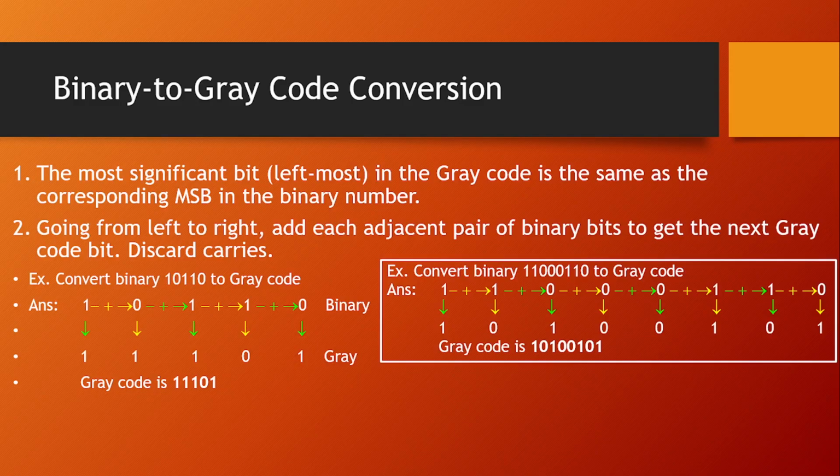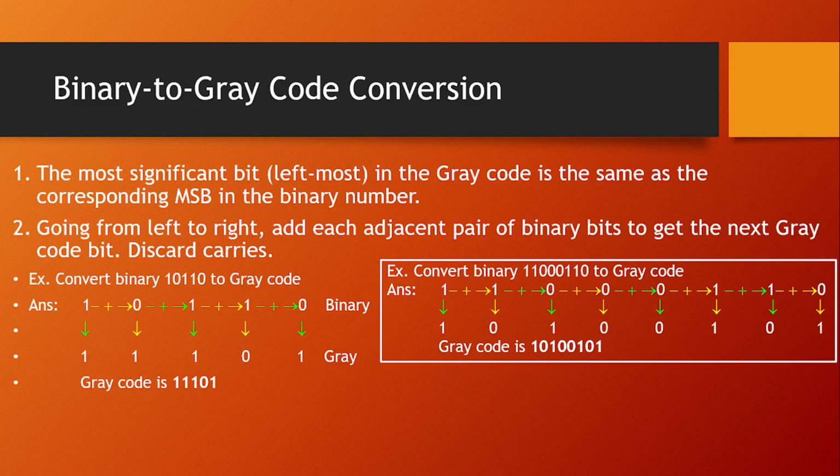Now, how will you convert a gray code to binary? Again, start from the leftmost bit. The leftmost binary bit is the same as the gray code, so put it as it is.